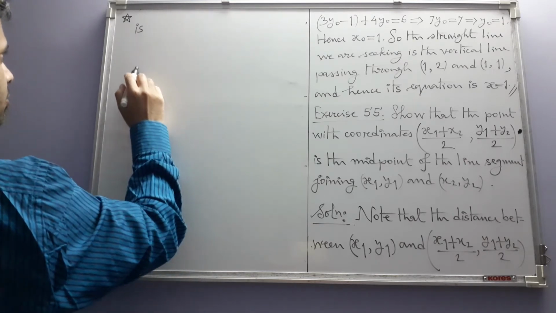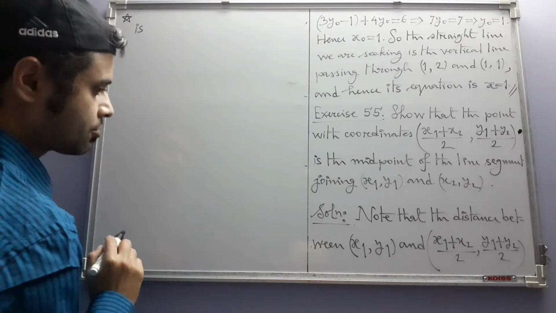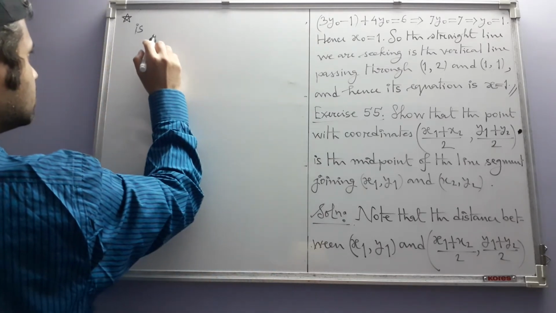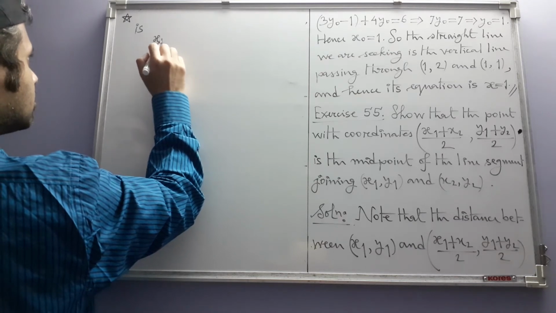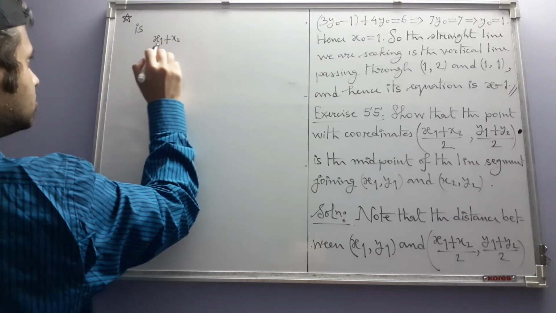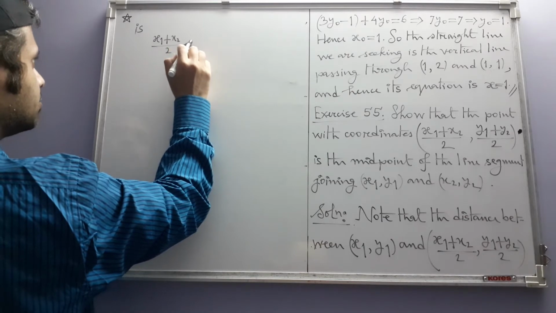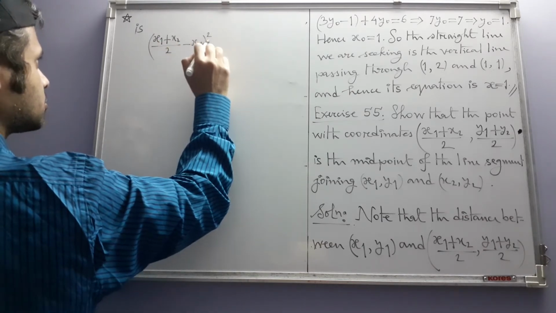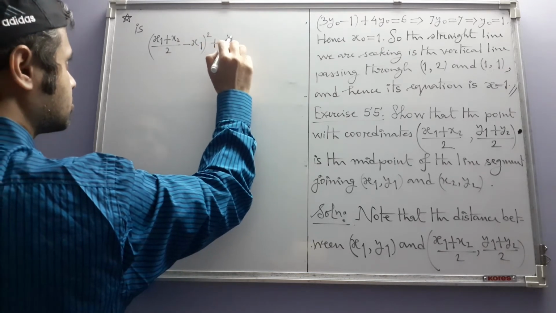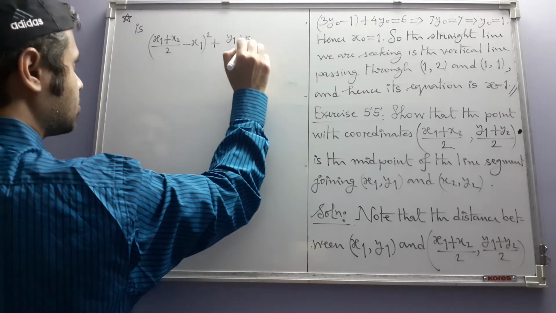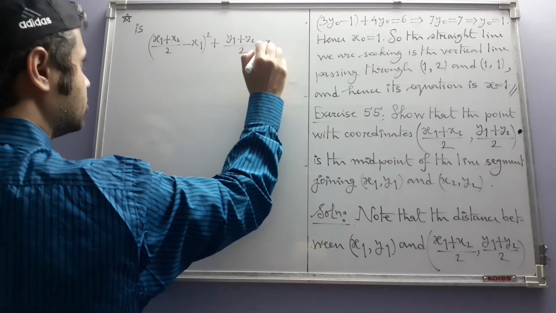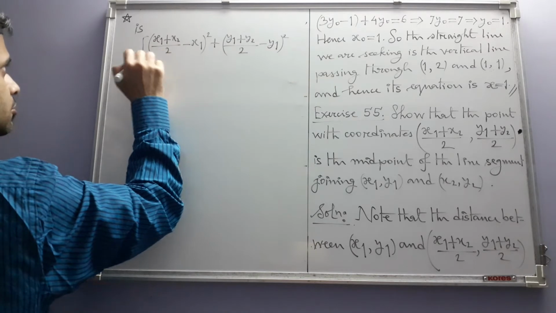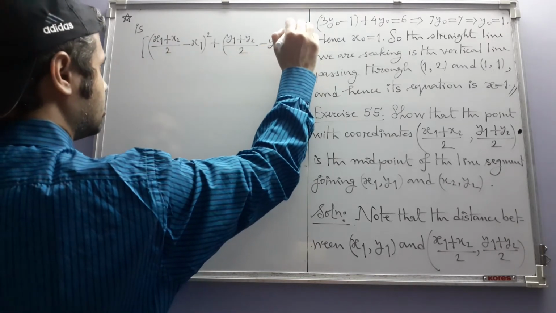Since it's difficult to write square root this way, we will write to the power 1 by 2. x1 plus x2 divided by 2 minus x1 square plus y1 plus y2 divided by 2 minus y1 whole square, root of this entire thing.